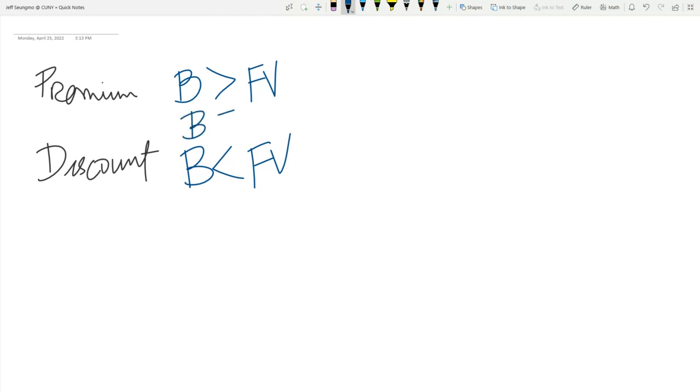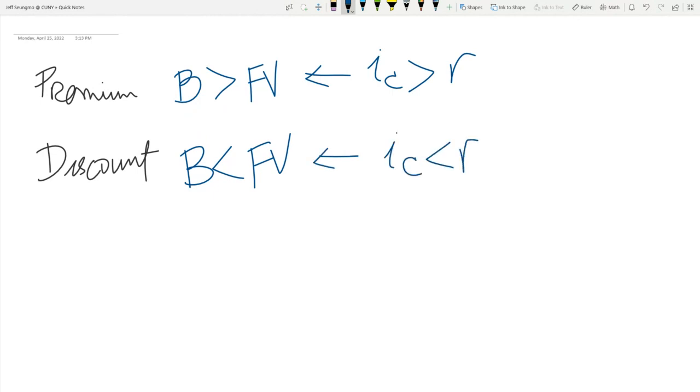But what makes this happen? Well, if the coupon rate is greater than the prevailing market rate, it's a premium bond. If the coupon rate is less than the prevailing market rate, then it's going to become a discount bond.